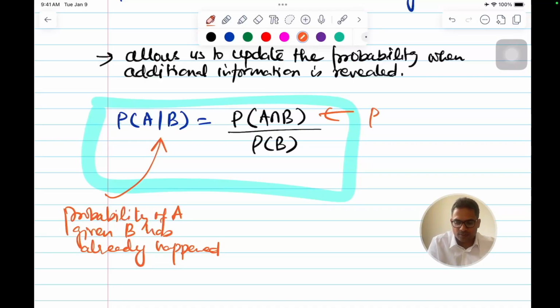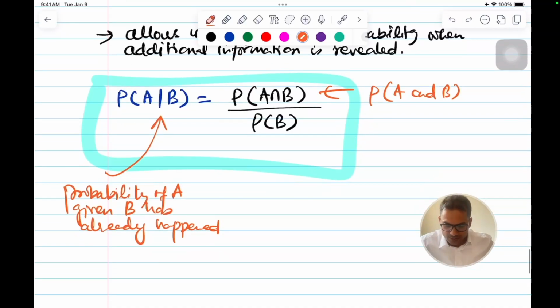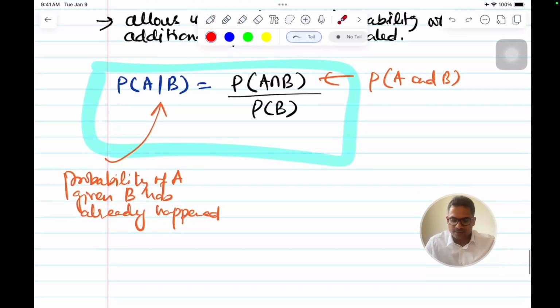This is the probability of A and B. This is the probability of B only. Okay, this is the probability of B. So let me give you an example so that you understand.